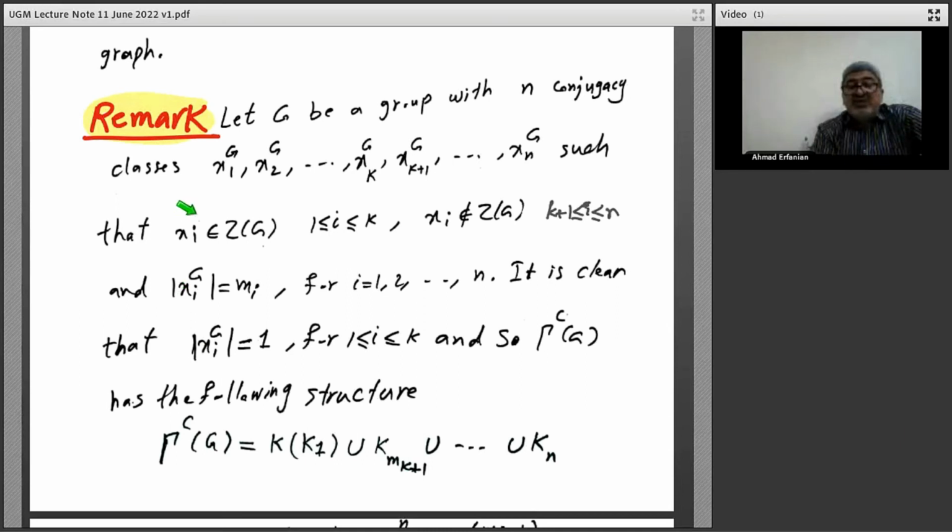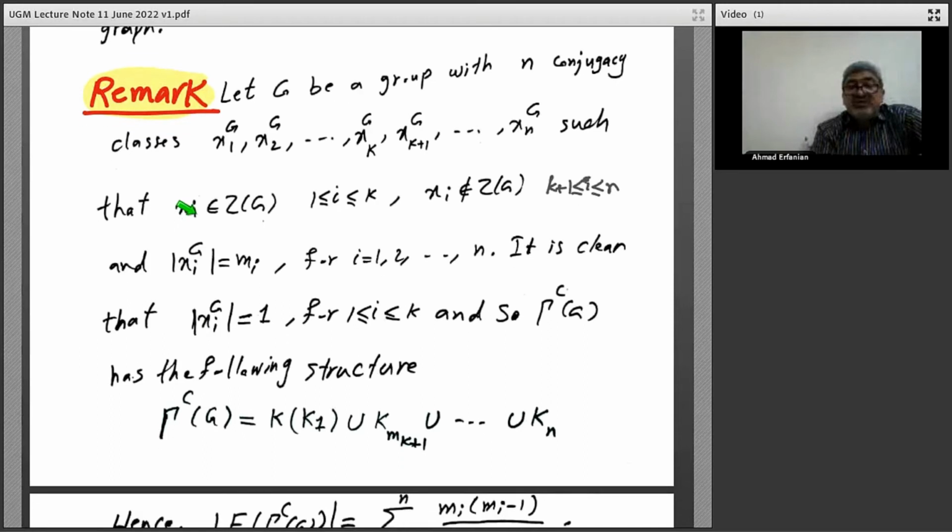But if x_i is not in the center, the size of the conjugacy class is at least 2.